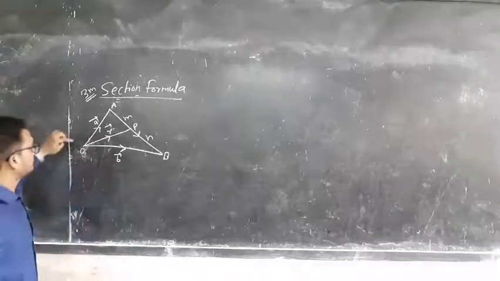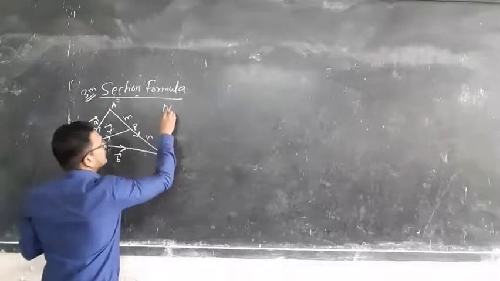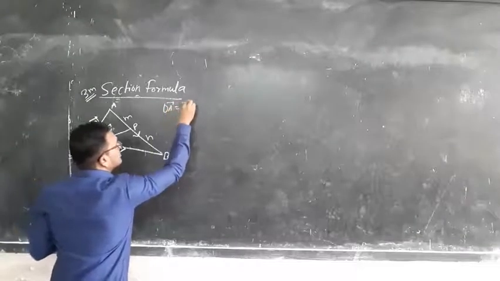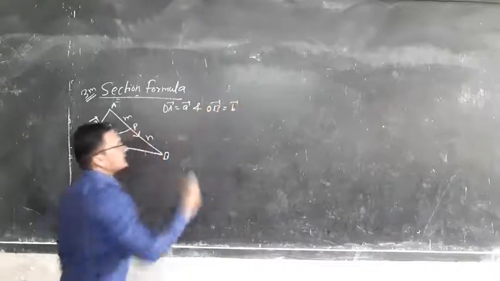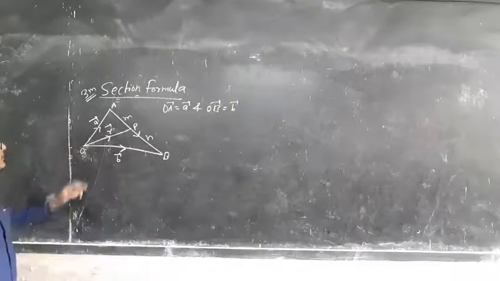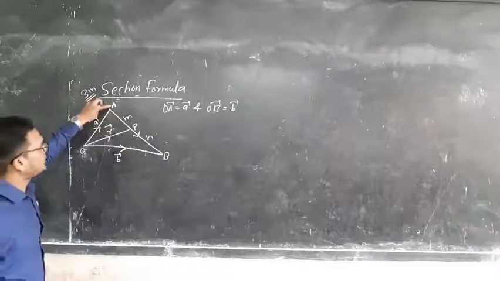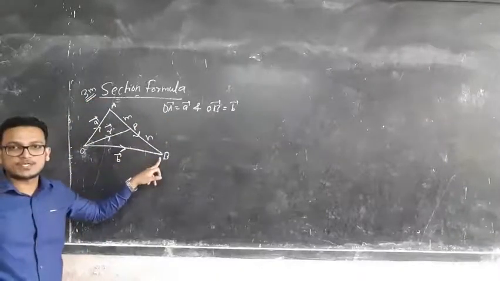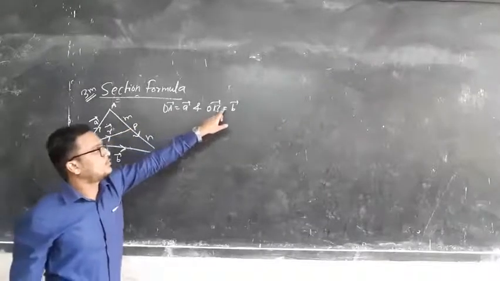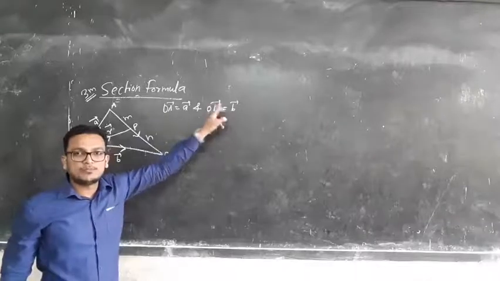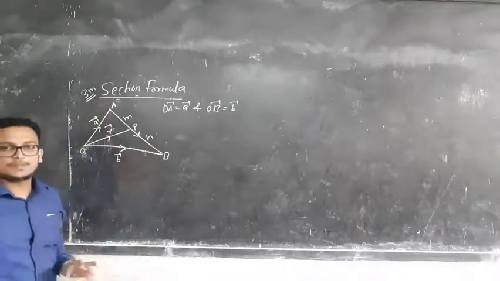So here vector OA is equal to vector a, and vector OB is equal to vector b. These are the position vectors of the point A and point B respectively.